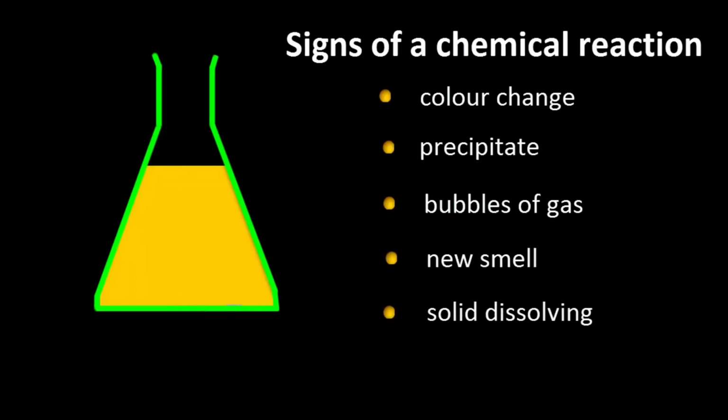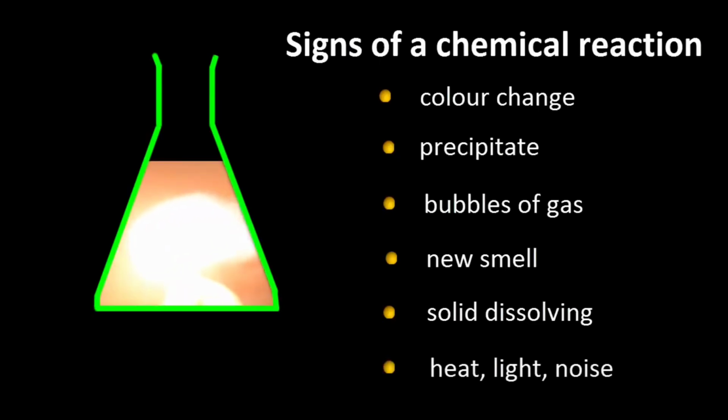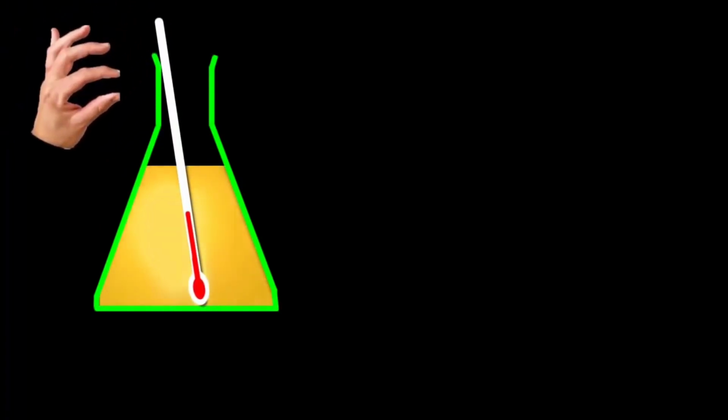The breaking of old bonds and the forming of new bonds changes the energy inside the molecules too. So heat, light, and noise can also be signs. If the bonds in a reaction release energy, this goes into the surroundings and heats them up. A thermometer shows this as a rising temperature.